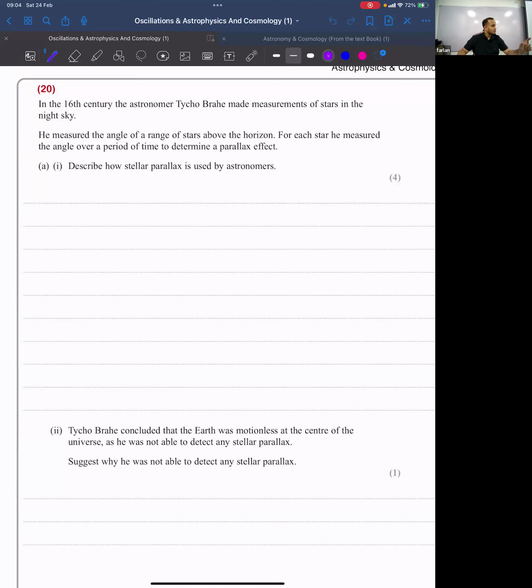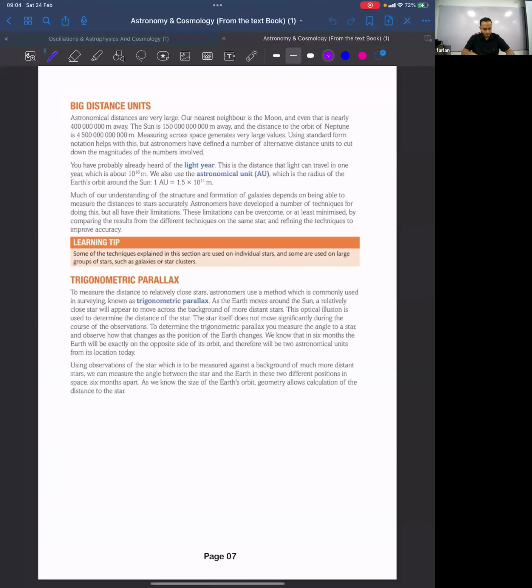Can you go to the note where we spoke about parallax measurements? Where we spoke about trigonometric parallax in the theory view, page number 7. Read that.